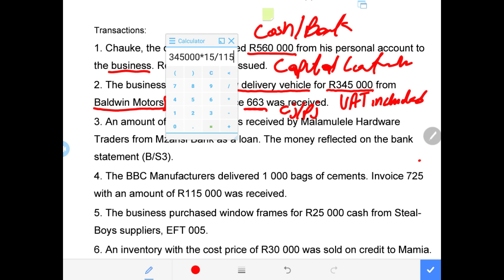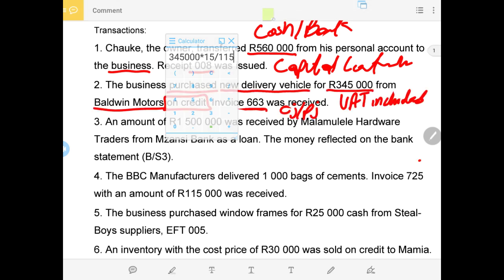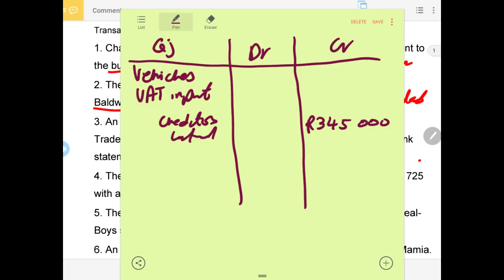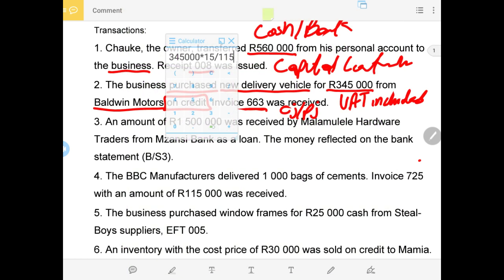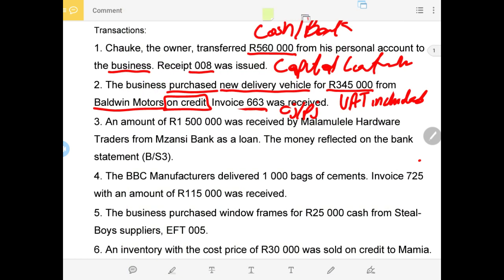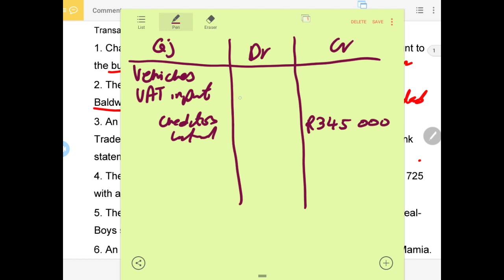We added 15% to 100%, then it became 115. You multiply by what you are looking for, and divide by what you have. So we are looking for the 15% VAT amount, that's why we multiply by that, then divide by 115. That equals 45,000 rands, the input VAT. That means the cost of the motor vehicle will be 300,000 rands.